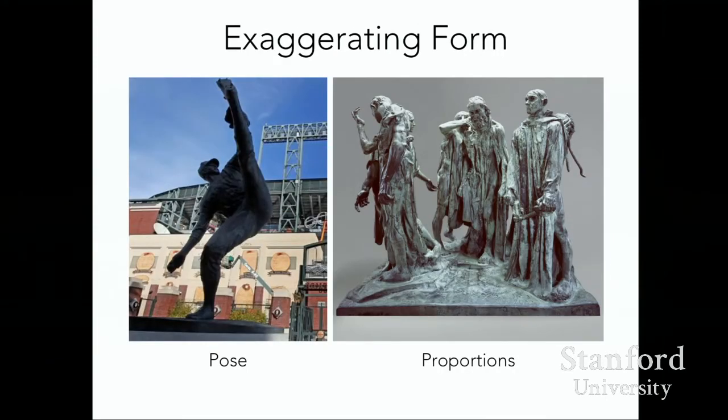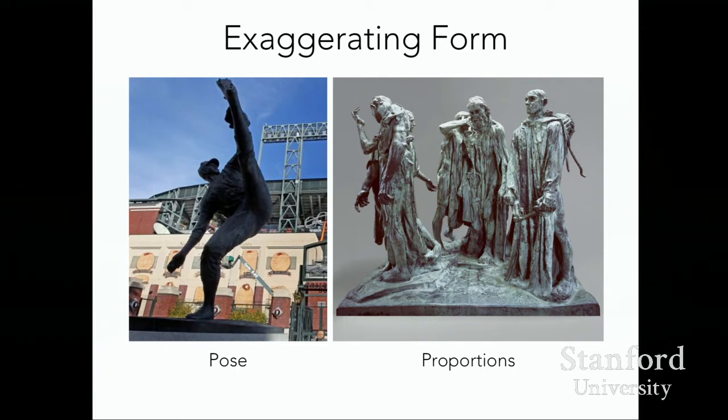I think something that's clearly related to abstraction, and maybe not quite opposite, but a different way of manipulating form, is to exaggerate things. And there's a variety of different ways that artists exaggerate form. So on the left, we have an example of exaggerating a pose. This is a sculpture that sits outside of AT&T Park in San Francisco.